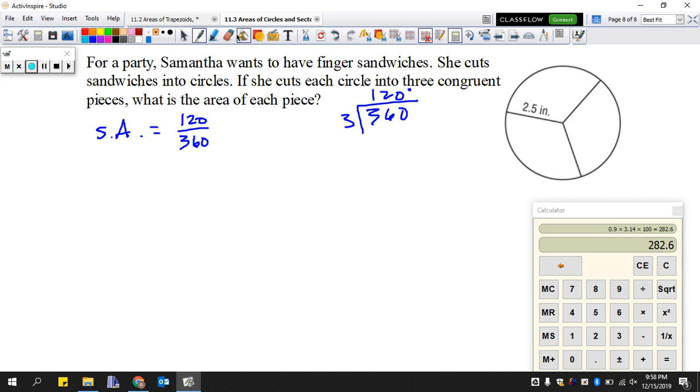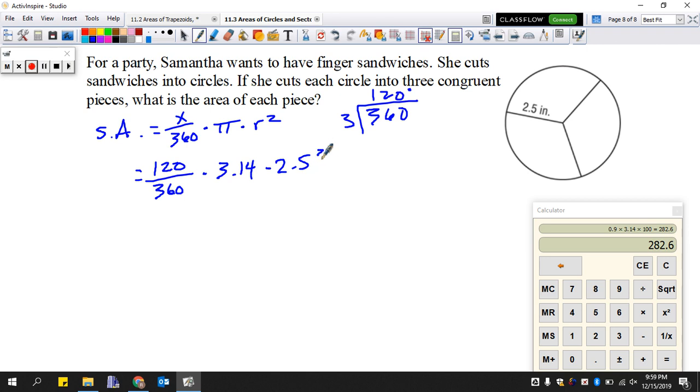So sector area is equal to 120 over 360. Well, here, let me write the basic formula down first. Okay, sector area is equal to x over 360 times pi times the radius squared. Okay, when we do that, we end up with 120 over 360 times 3.14 times 2.5 squared.